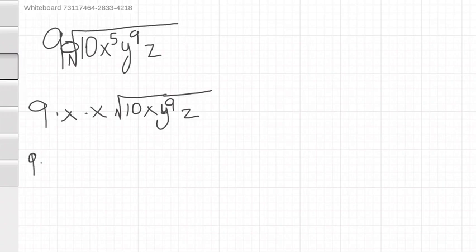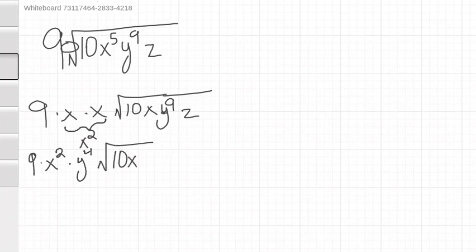We know that x times x is just x squared, so 9 times x squared, and y times y times y times y is just y to the 4th. So we'll have times y to the 4th. Then we'll have square root of 10xyz.